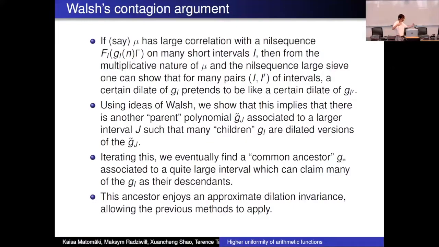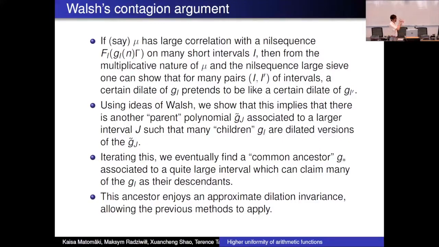Eventually you can find a common ancestor, a nil sequence on this giant interval, where all the nil sequences on these little intervals, which are exhibiting this little correlation, are related by some sort of distant genetic heritage to this giant interval.